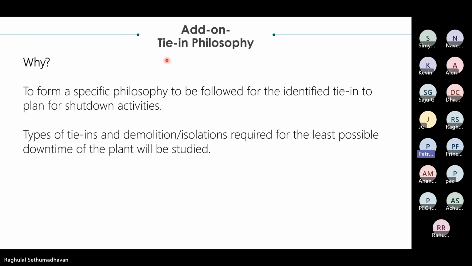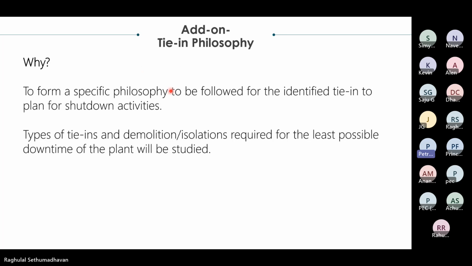As an add-on, I'll go through the tie-in philosophy also. When do we refer to the tie-in philosophy? Suppose there is a brownfield job. An existing plant is there, and we need to tie it to the new plant. We cannot do it just by shutting down the current plant, because a non-shutdown means you will have losses.